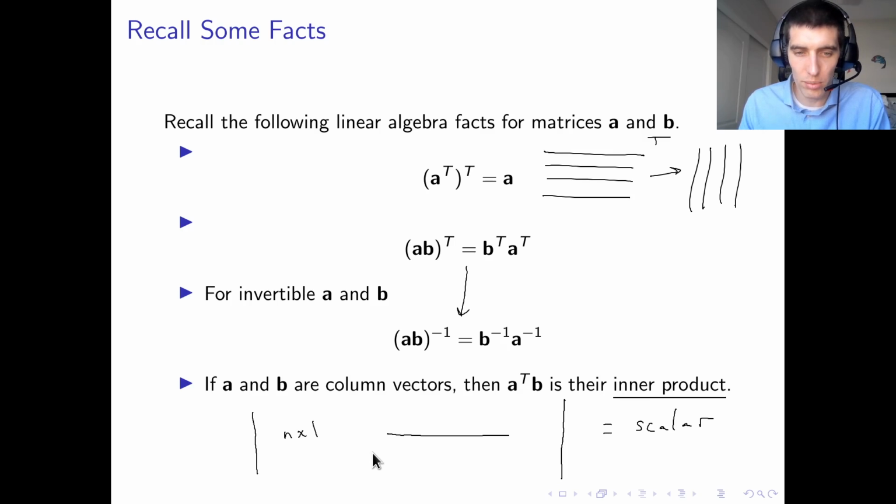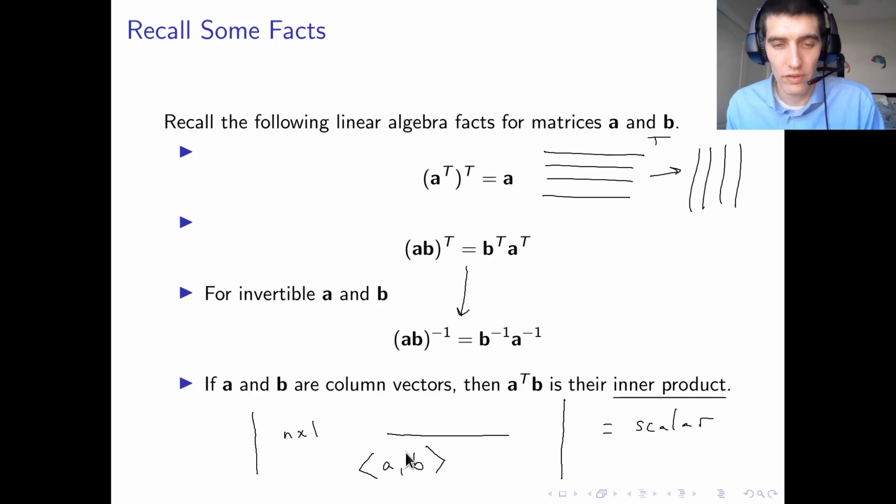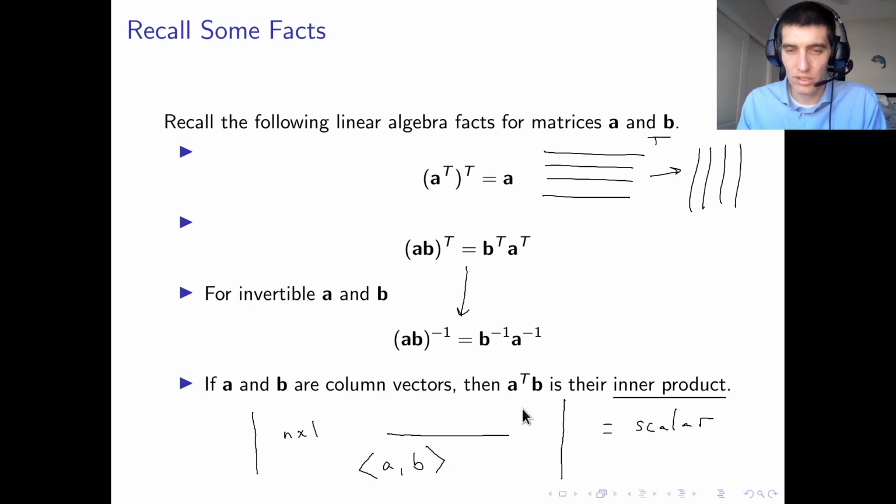You may have denoted the inner product of A and B as something like AB in your vector calculus or linear algebra classes, but we're going to use A transpose B, and we're generally going to assume, unless otherwise noted, that vectors are column vectors. So, linear algebra facts coming at you hard and fast.